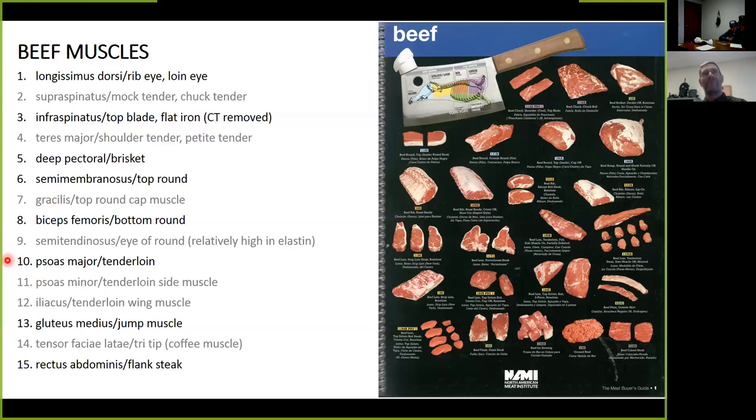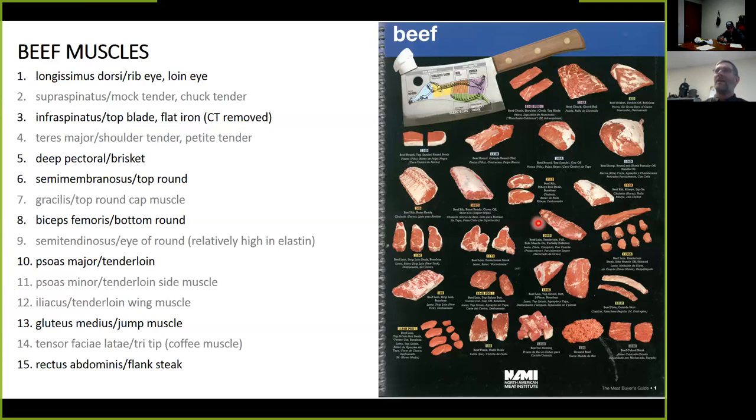So it has that muscle, but this side muscle is off. That's called the psoas minor. The psoas major is the bigger tenderloin muscle. The psoas minor is the smaller one. Okay. And if you look at 189B, which is here, that also is a tenderloin.